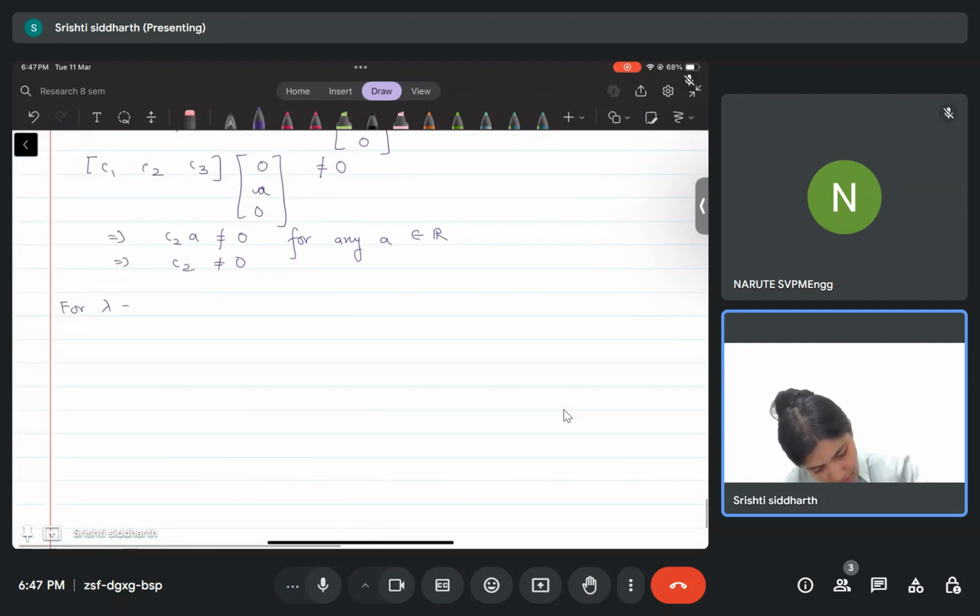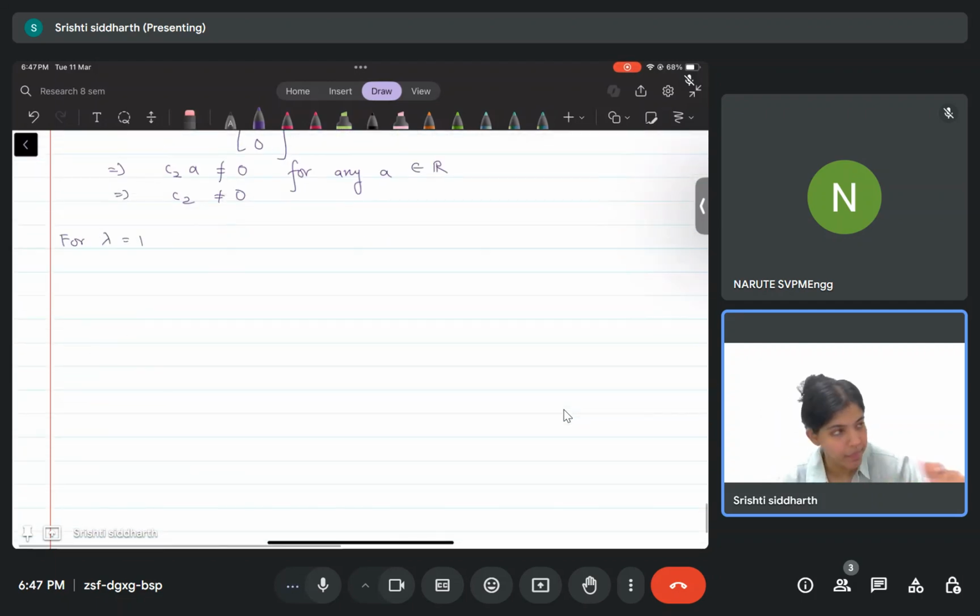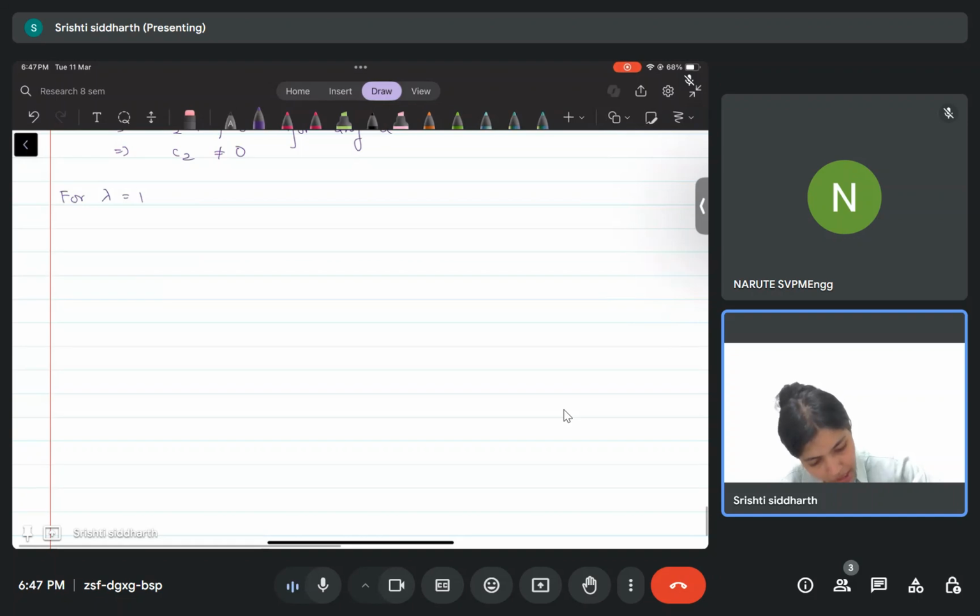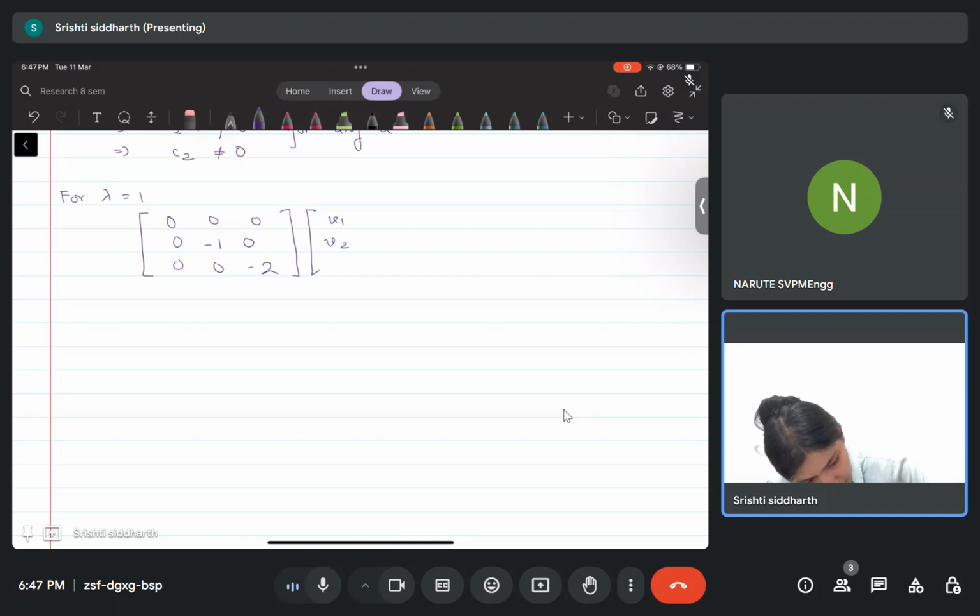For lambda equals 1, we have A minus I. So it will be 1 minus 1, 0, then -1, -1, -1, and zeros everywhere else, times V1, V2, V3.